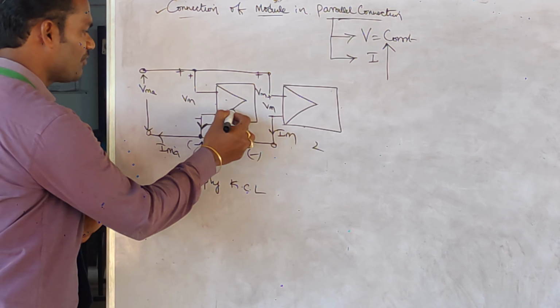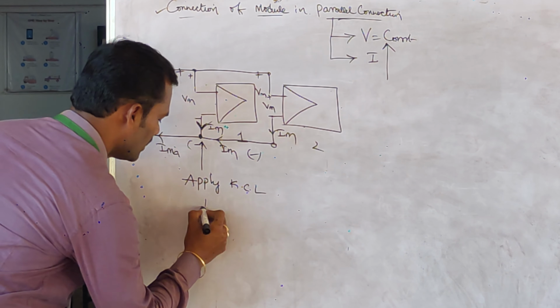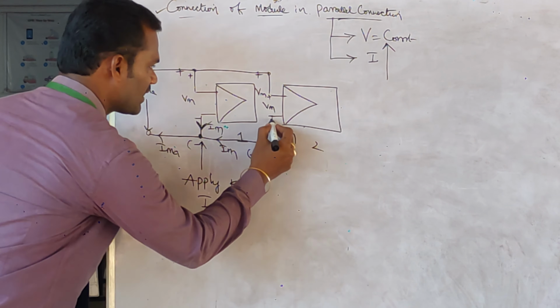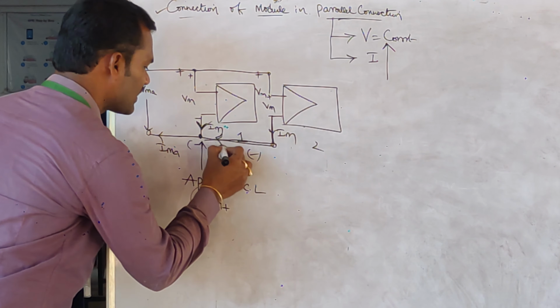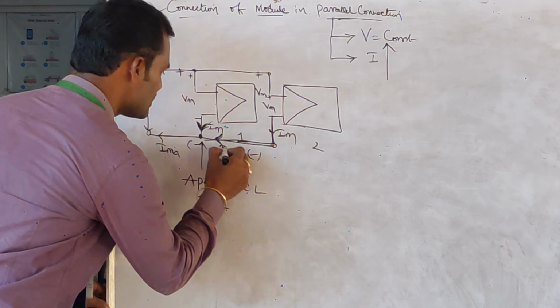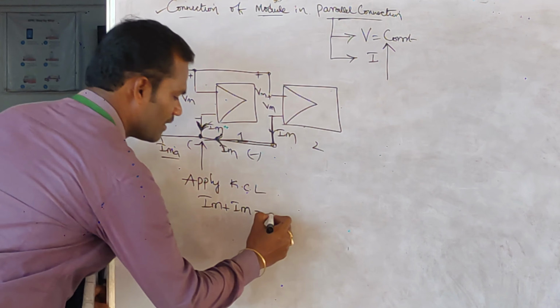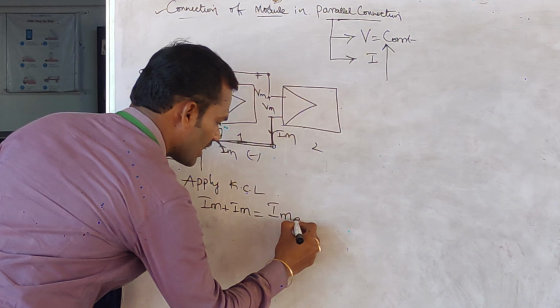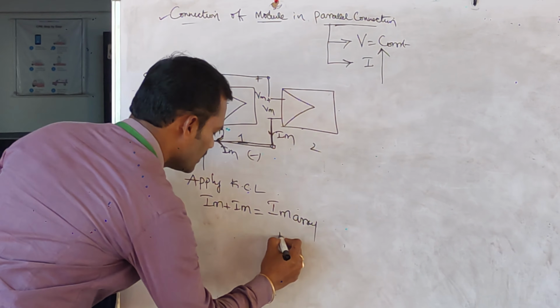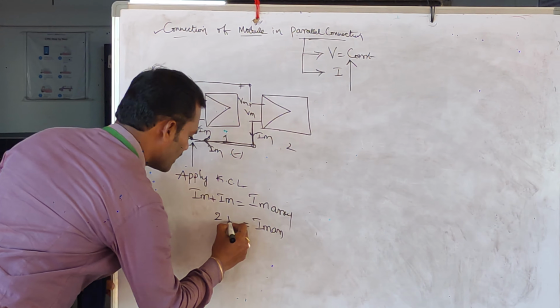The current from the first solar module, Im, is entering the node, and current is also coming from the other module. So the entering currents are Im plus Im. The leaving current is Ima, where Ima is called the maximum current of the array. So the maximum current of the array is equal to Im plus Im.